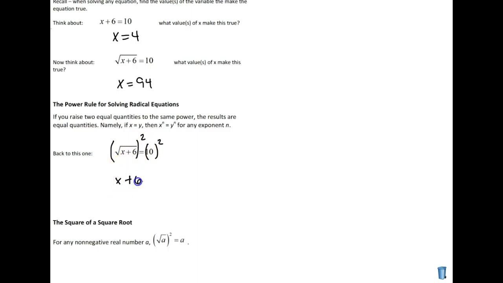So I have x plus 6 equals 100, and then, just as expected, you can solve this and get x equals 94. The idea is that the square of a square root just gives you back your value of a. So the square root of a, when I square it, gives me just back a. And that's actually true for any power. If I take the cube root of a and raise it to the third power, it gives me back a, and so on with other higher powers as well.